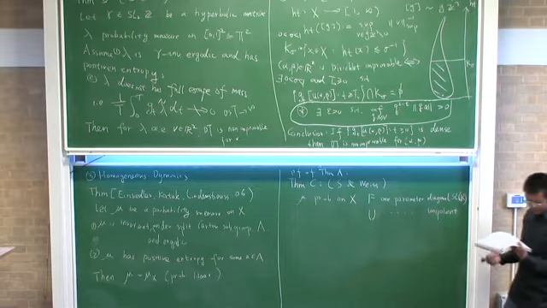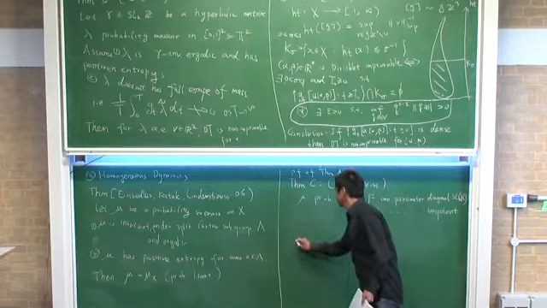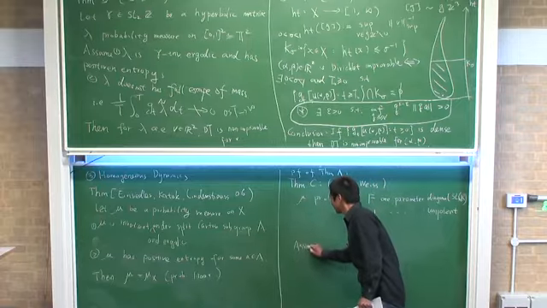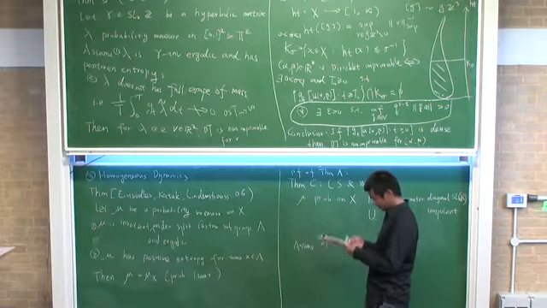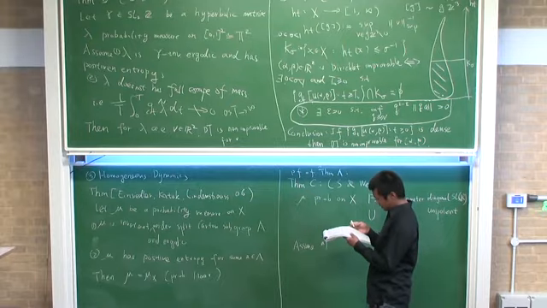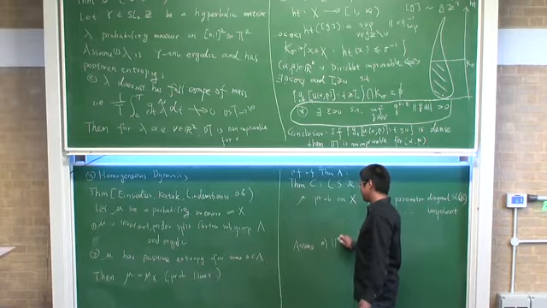The two main assumptions. Assume the first one, U is normalized by F.